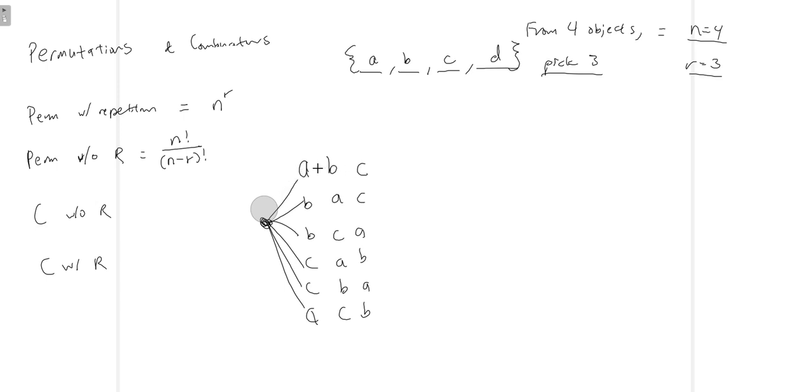So what is this? This is just how many ways can we rearrange 3 things. And we already know how to find the different arrangements of 3. It is just 3 factorial.